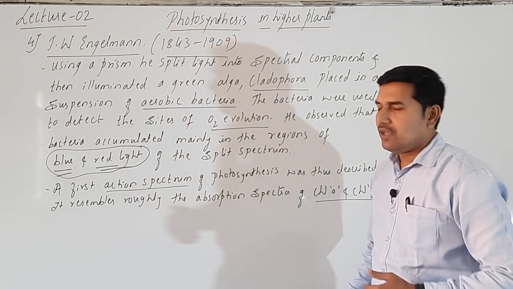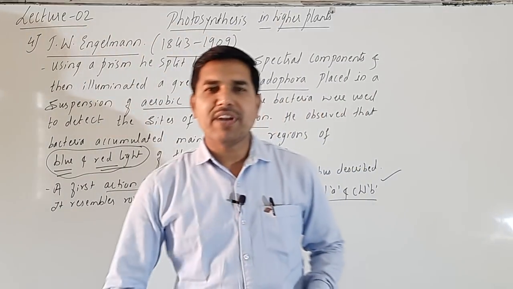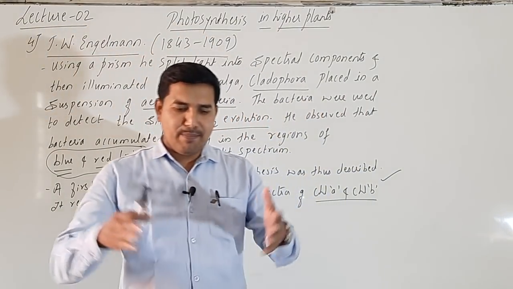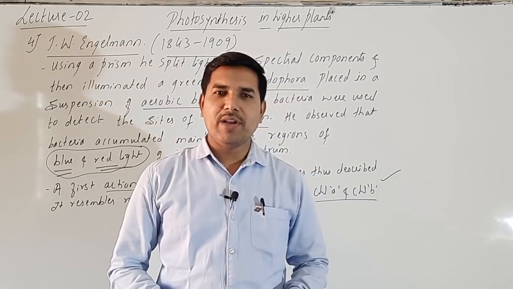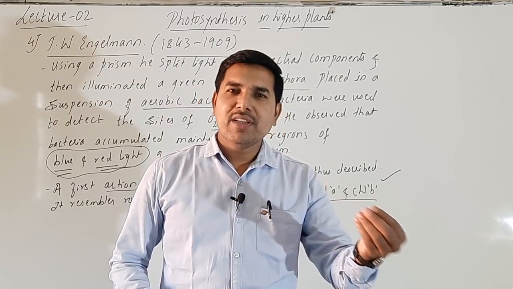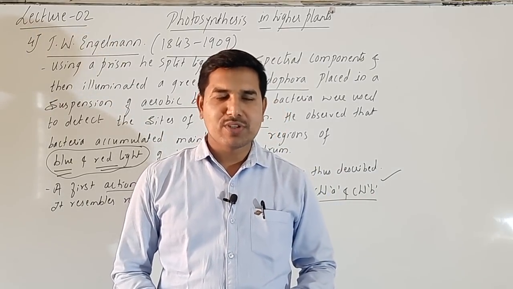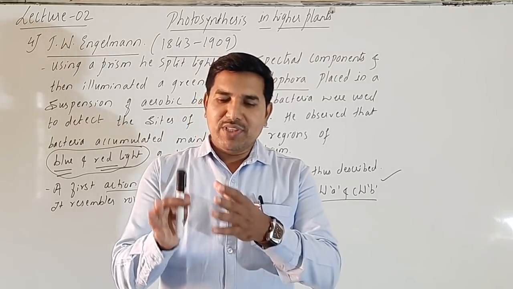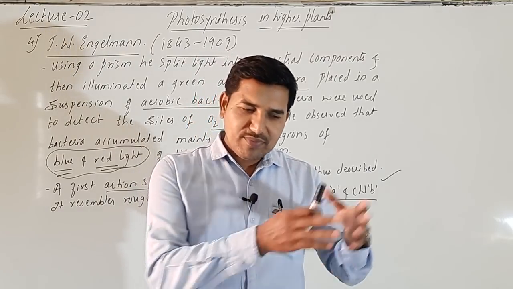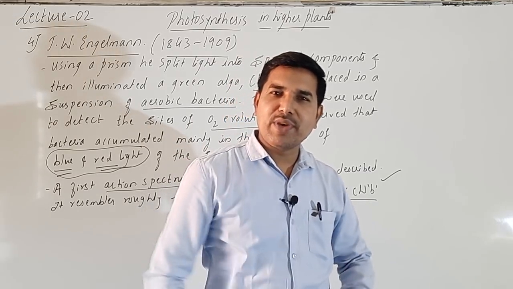Okay. Then almost by the end of the 19th century, or in the mid of the 19th century, the empirical equation for photosynthesis was given, showing with the help of carbon dioxide and water how the carbohydrates were synthesized.